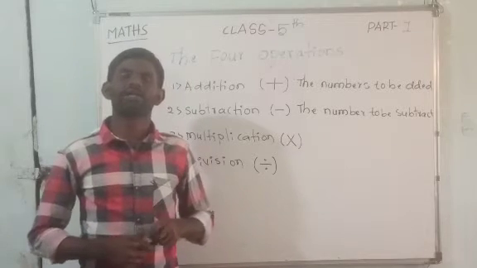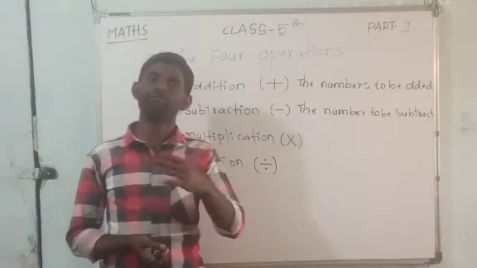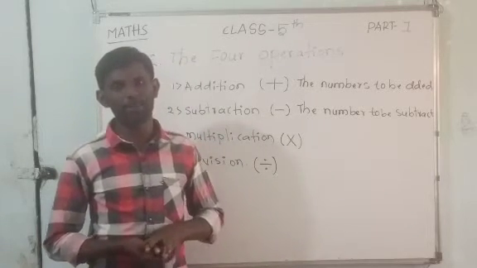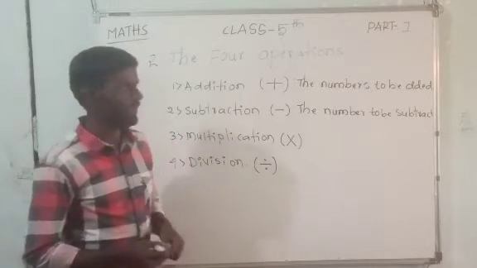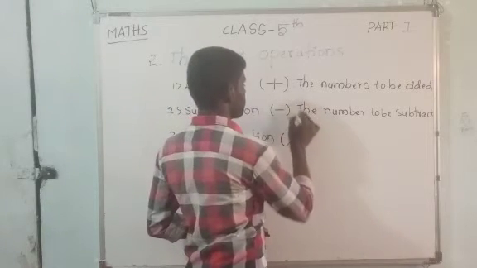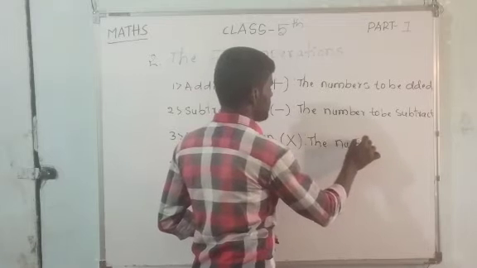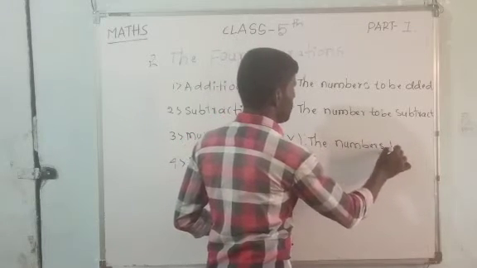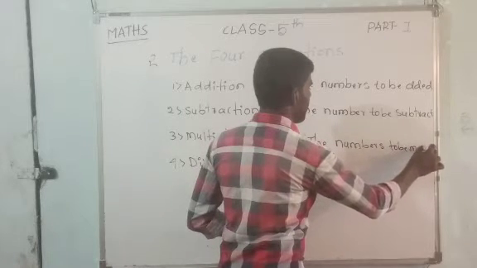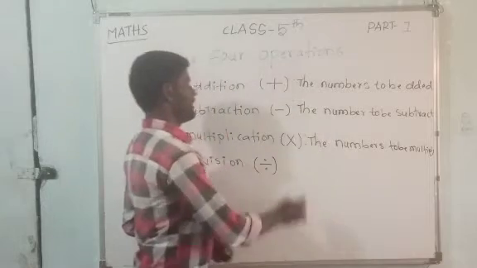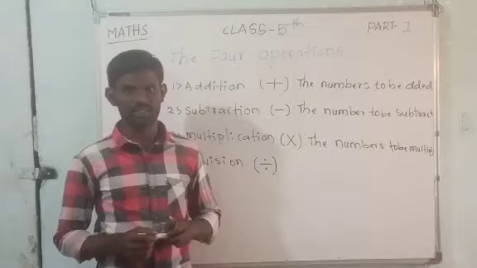Then what do you mean by multiplication? Multiplication is the third fundamental operation of mathematics in which numbers are to be multiplied. Then the fourth operation, that is division.